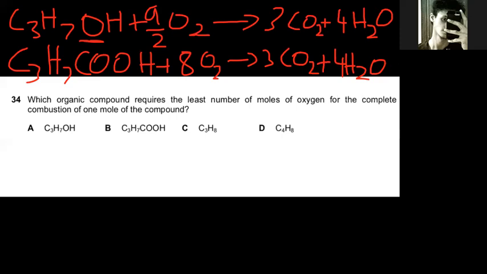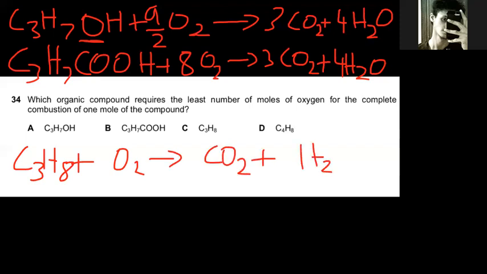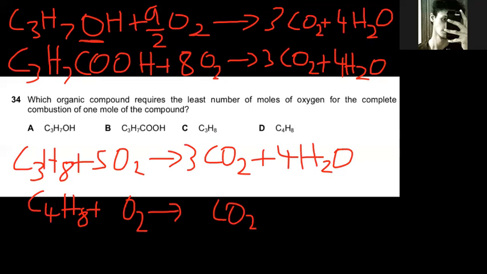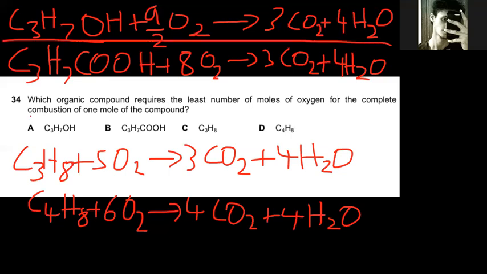Now, next is C3H8. So the least number of moles are in C3H7OH. So the answer is A.